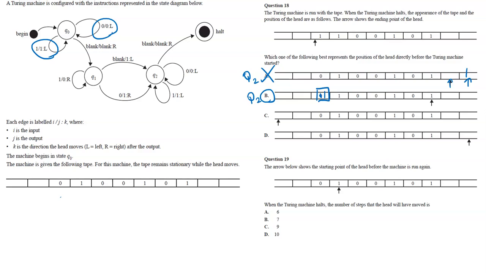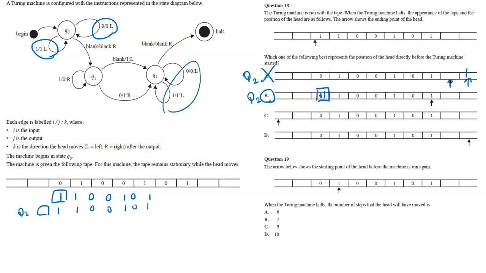Now let's talk through how we might reverse engineer this. If we start with that final tape, and we know that we were on here, that was our halting state. So we must have moved to the right, so we must have been here in state Q2.